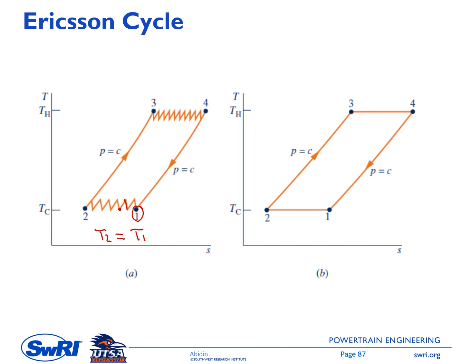Then on the turbine side, the entrance of the first turbine is state number 3, and then during expansion, the temperature decreases.